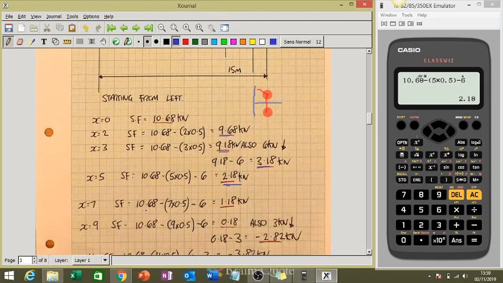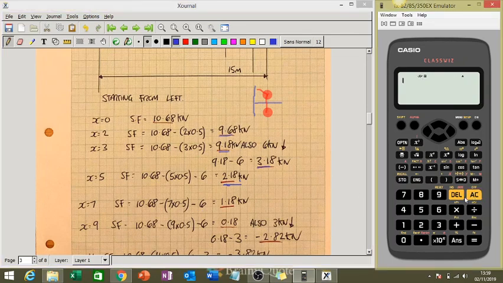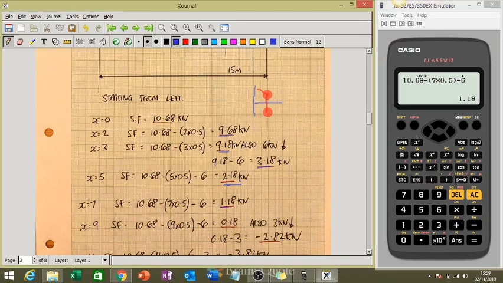So 10.68 coming up, 7 meters worth of the 0.5 coming down, and also the 6 coming down. So on a calculator, 10.68, take away 7 meters worth of my 0.5, take away my 6, gives me 1.18 kilonewtons coming down.